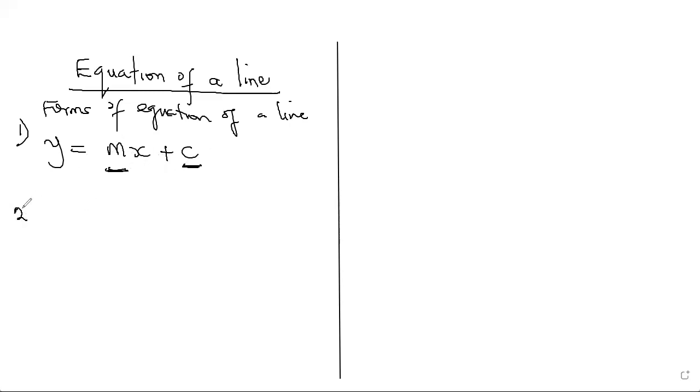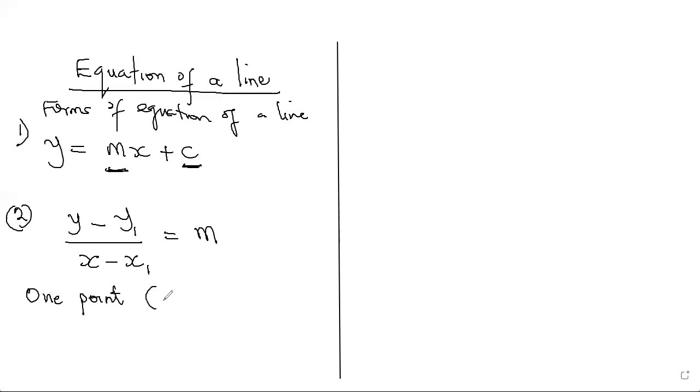Then another form is y minus y1 over x minus x1 equals m. You will use this one when you know 1 point, which is x1, y1, and you know m, the gradient.